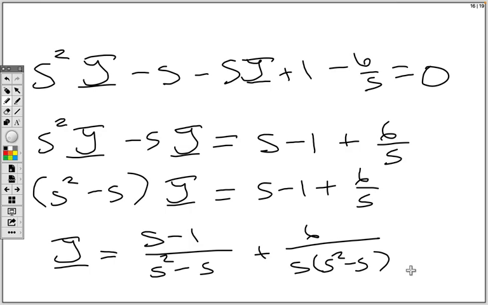So now it's time to bring it on back. Any questions on getting down to the transform function here?